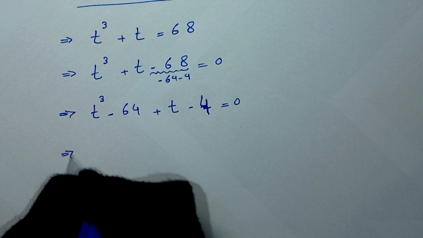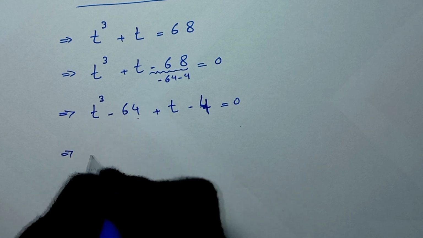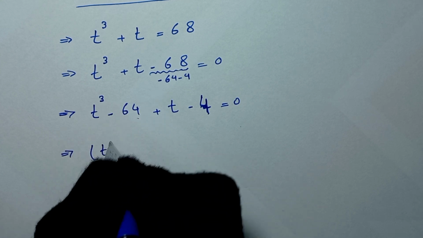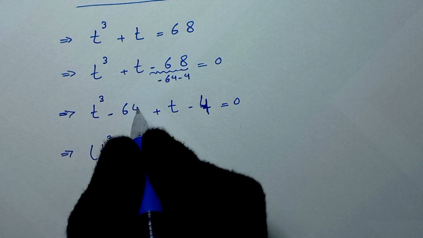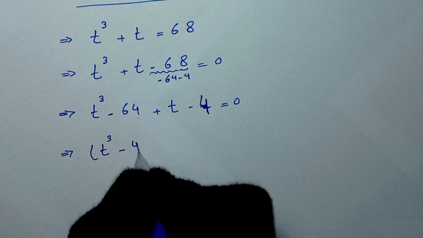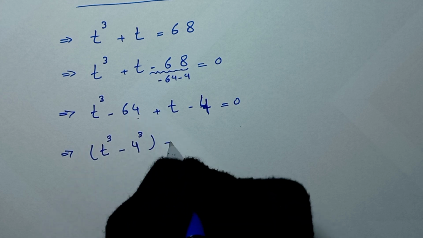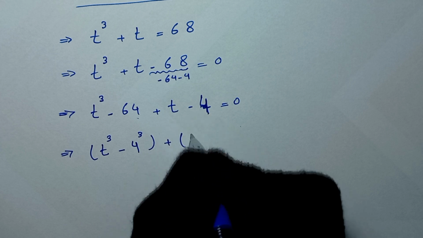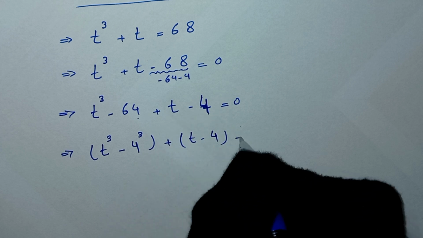We can write 64 as 4 to the power of 3, so t cubed minus 4 cubed, plus t minus 4 is equal to 0.